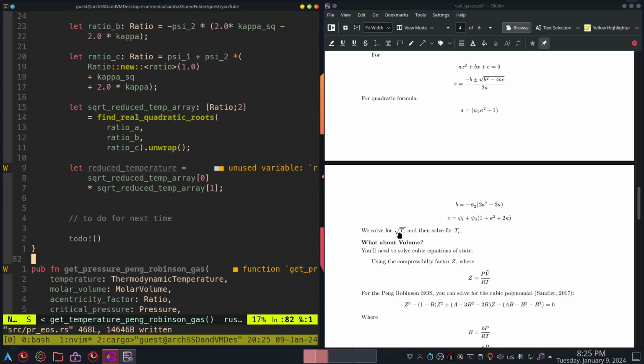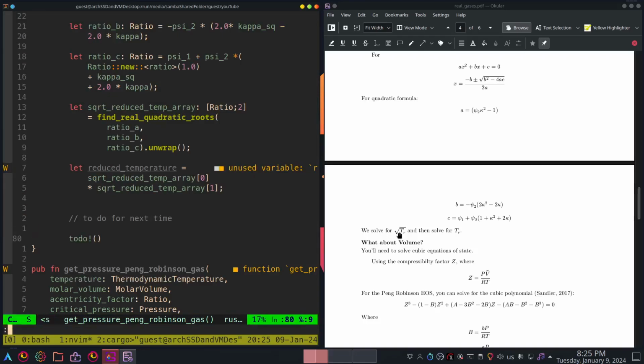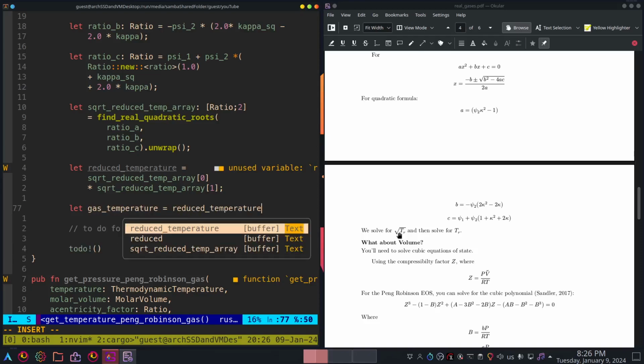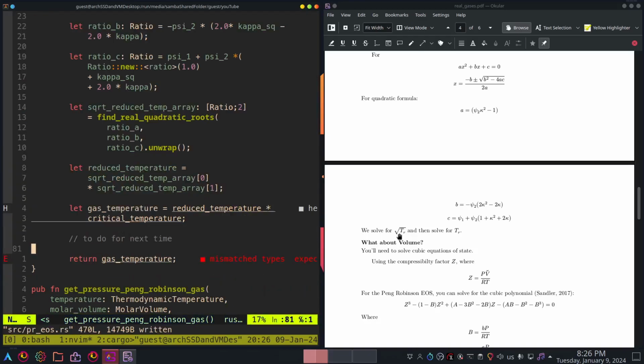Okay, then I'm going to return. Oh, not yet. This is still a to-do. Let gas temperature equal the reduced temperature times the critical temperature. So that's what we scaled it by. So now we can return the gas temperature. And that's it.